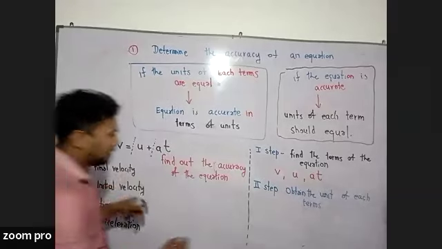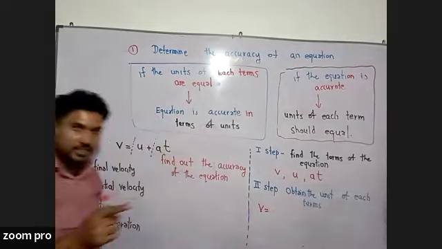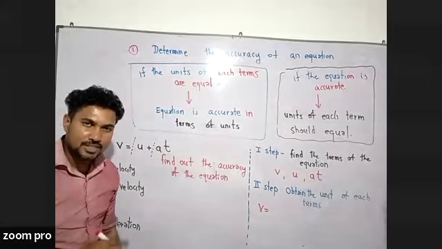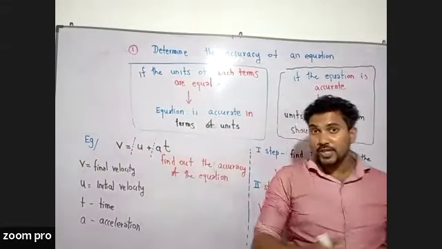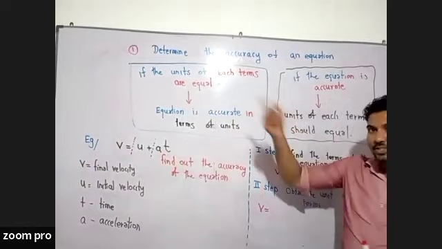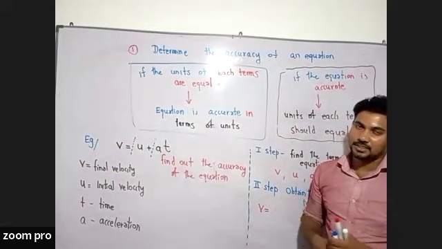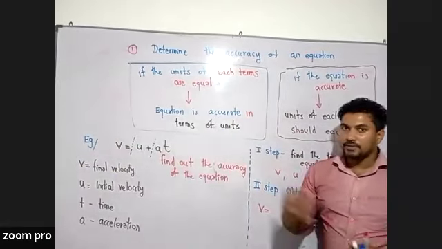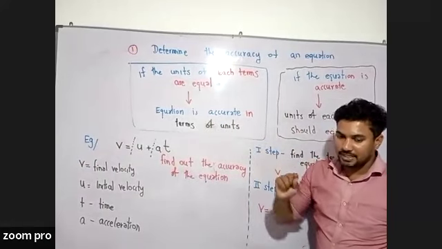So first, here V is a velocity, even though it's a final velocity, it's a kind of velocity, right? So what is the unit of velocity? Now you should have an idea from previous knowledge, right? You might be somewhat familiar with the equation, right? However, it's better to have the idea about the equations, right?